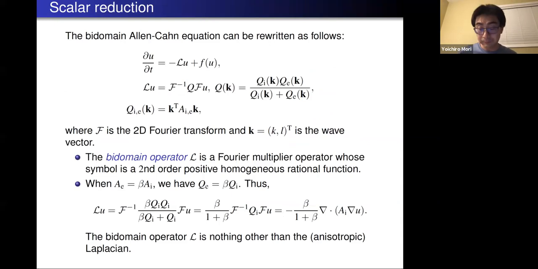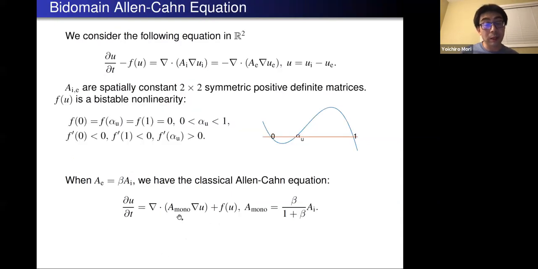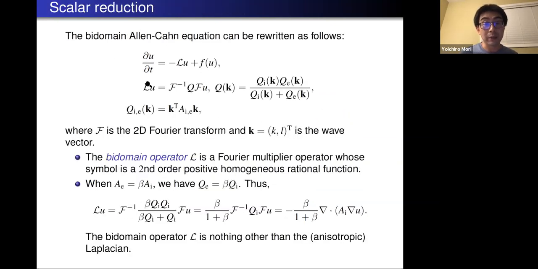To make the comparison between the bidomain Allen-Cahn equation and the classical Allen-Cahn equation clearer, it is useful to rewrite the bidomain Allen-Cahn equation, which is the first equation we have here, just as an equation for u. And we can write this as ∂u/∂t equals minus L u plus F(u).